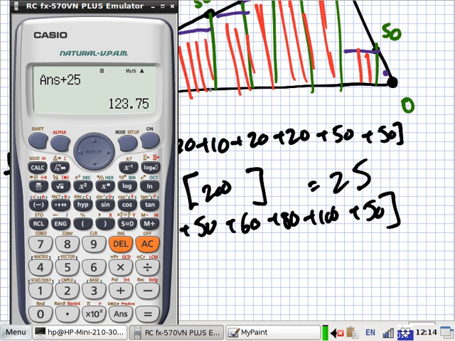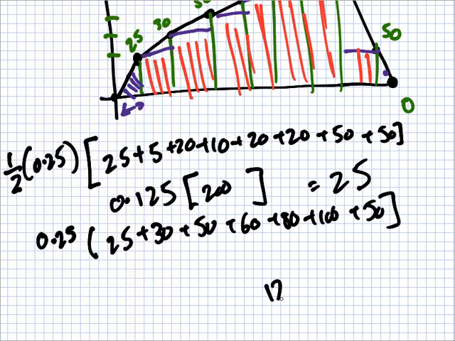I forgot that these are all kilometers, not meters. So I should have multiplied them by 1,000. My answer should be 1,000 times bigger, so it's this many meters. But if I divide by 1,000, I make it kilometers again. So the answer is 123.75 kilometers, or if you want, 123,750 meters.